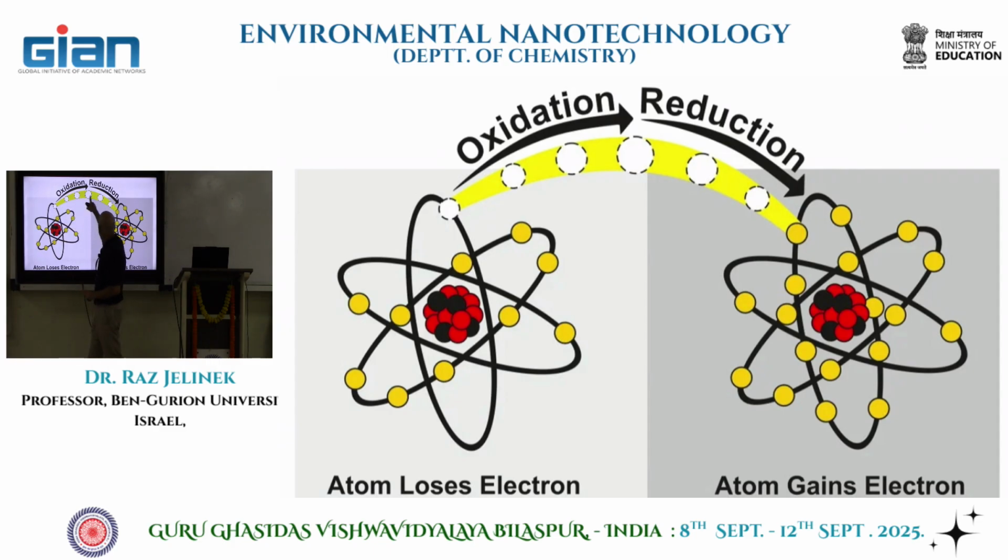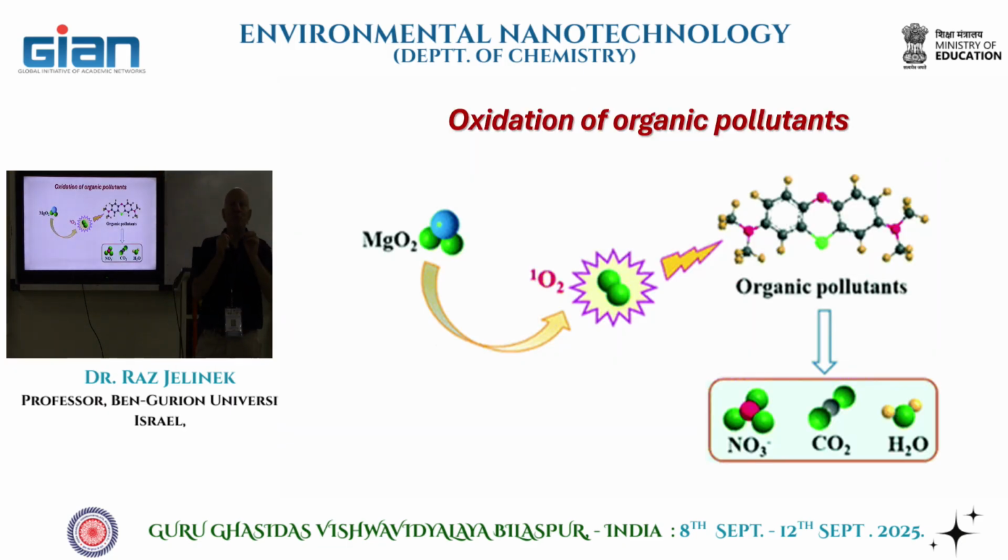When it loses an electron, we say that this atom was oxidized, and this atom was reduced. Now, these oxidation reduction reactions are very important for many chemical processes. For us, in this course, oxidation is very important because it can break organic molecules and organic pollutants.